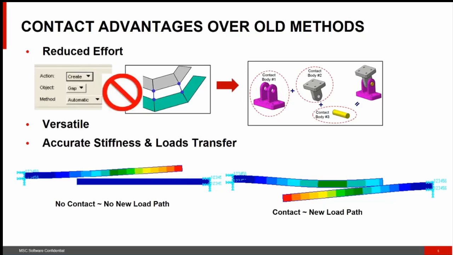Contact gives us this advantage to understand the load path better, and it can be used to accurately find out how the load transfer happens between different components. Also, with MSC Nastran contact, the moment transfer between shells and beams to solids is included. That also gives more accuracy when it comes to analysis.